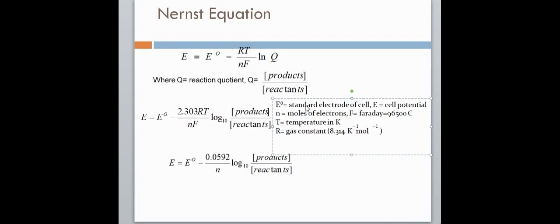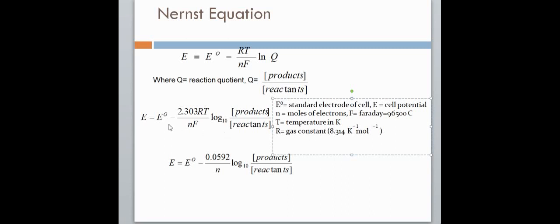Cell potential basically talks about the entire cell, which contains both the electrodes. E0 is the standard cell potential. n is the number of moles of electrons. F is the Faraday constant, so if I convert that into coulombs, it becomes 96,500. T is temperature and R is the gas constant.